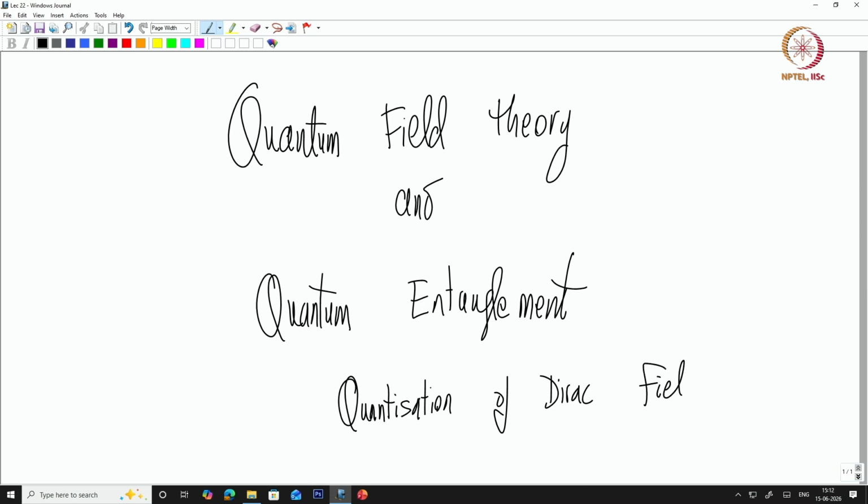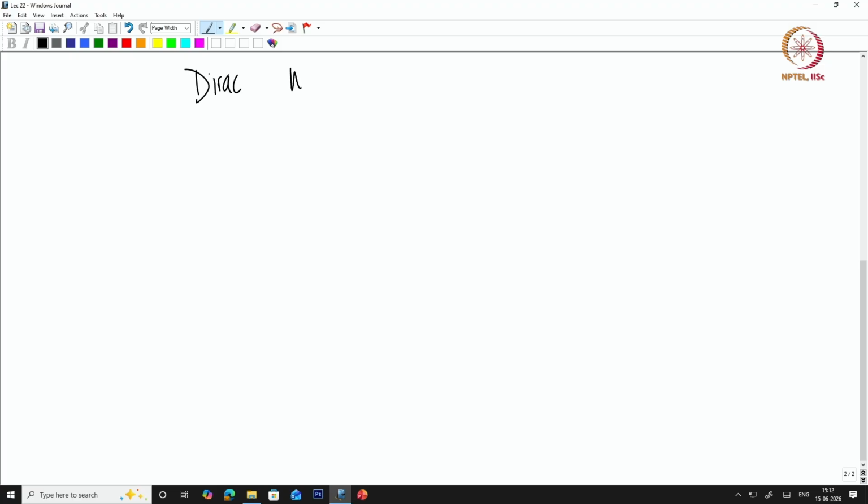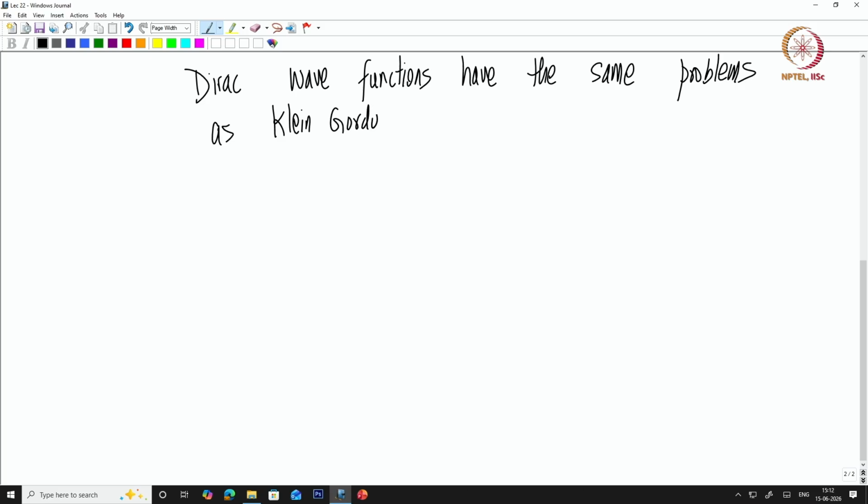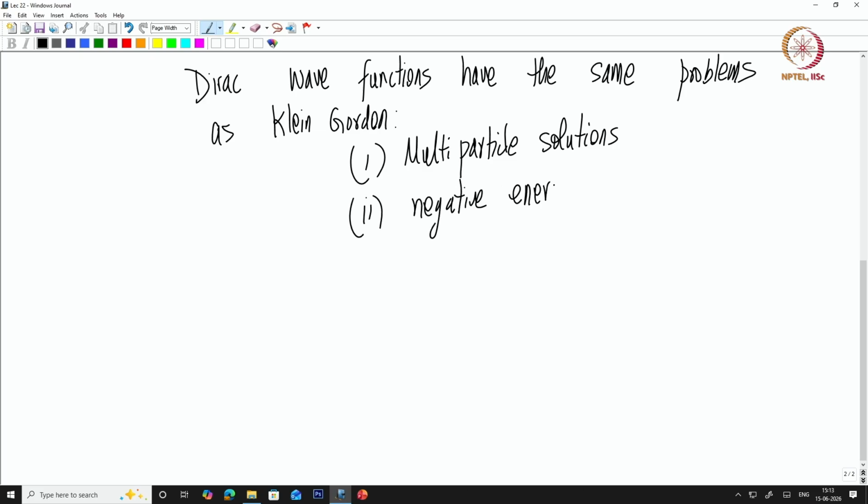Dirac fields. Now the Dirac equation has exactly the same problems as Klein-Gordon: in relativistic quantum mechanics, the Dirac wave functions have multi-particle solutions, and you cannot get rid of negative energy solutions, and so on.